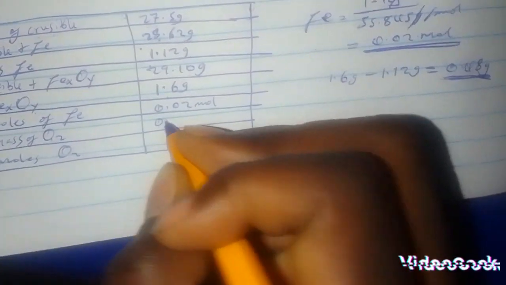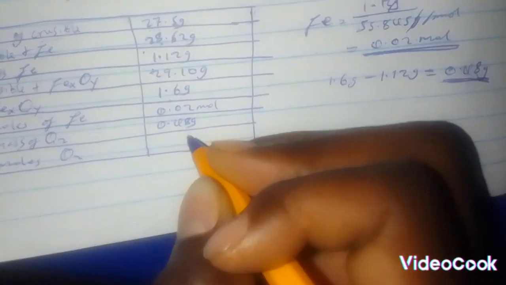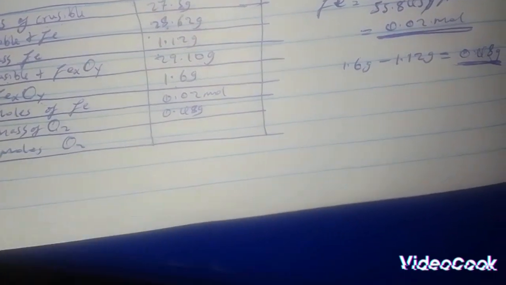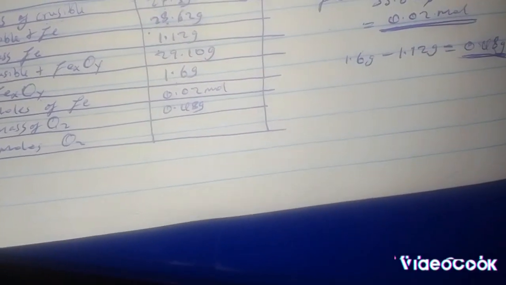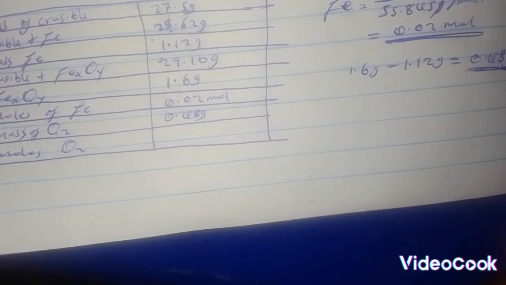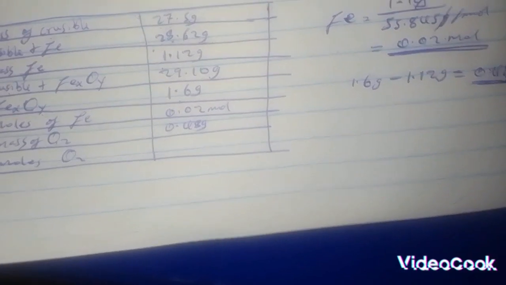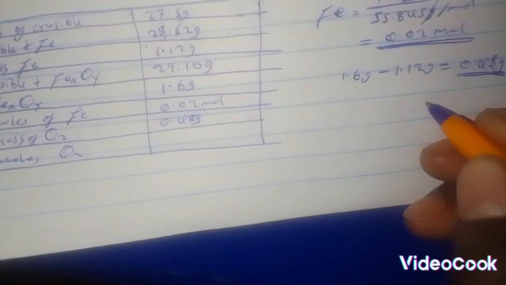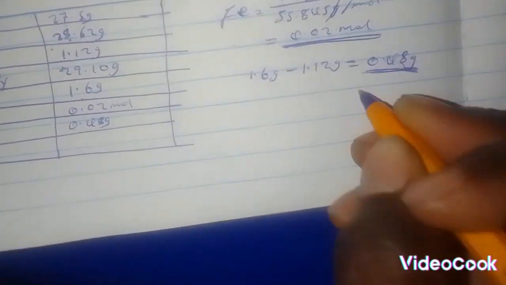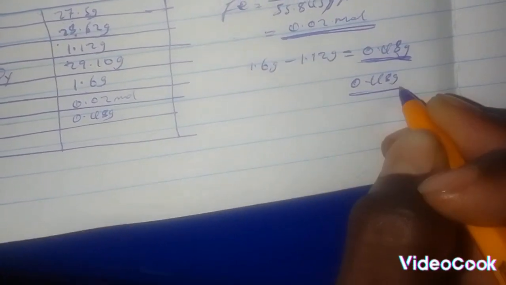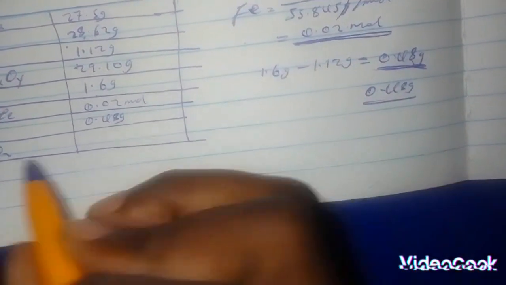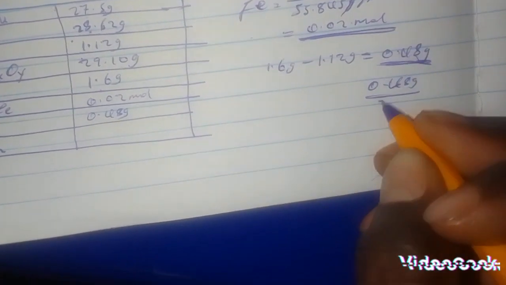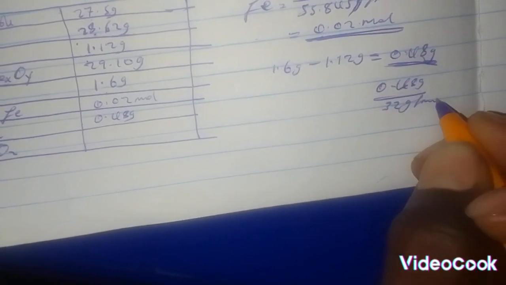So we'll write 0.48 grams. What is the next equation? Moles. Okay. So they want us to calculate the moles of what? Oxygen. Now, the moles of oxygen will be found by mass over Mr. So the mass is this one, which is 0.48 grams, over the Mr for this, which is what? 32 grams per mole.